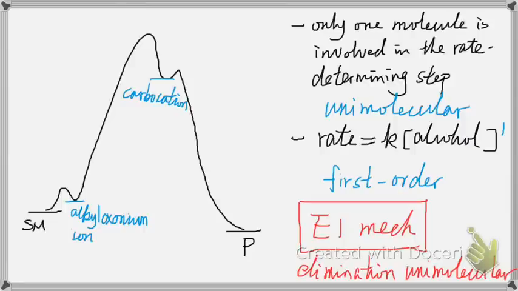E1 stands for elimination unimolecular. So in the E1 mechanism, the key here is the formation of the carbocation. The E1 mechanism will involve a carbocation as the intermediate.